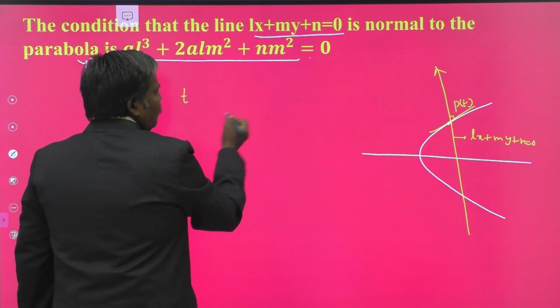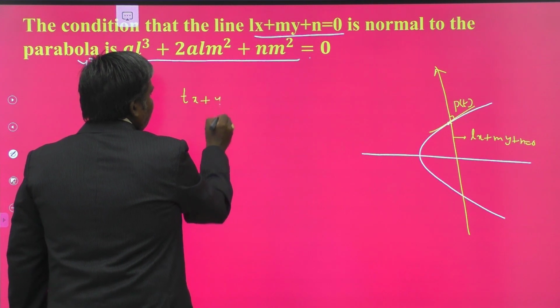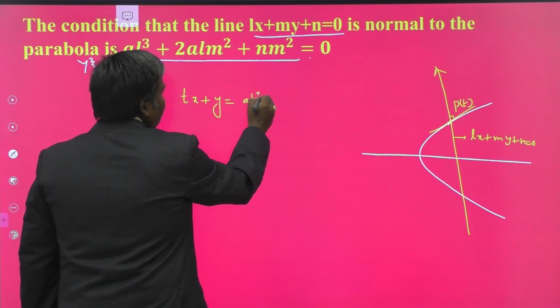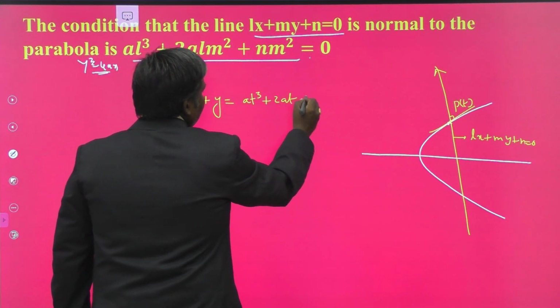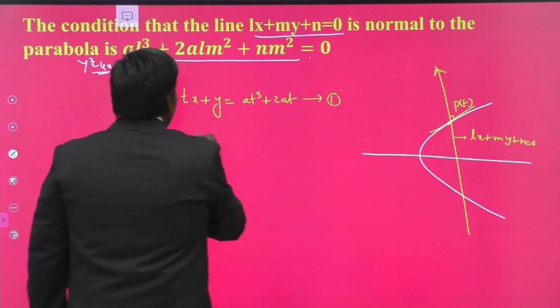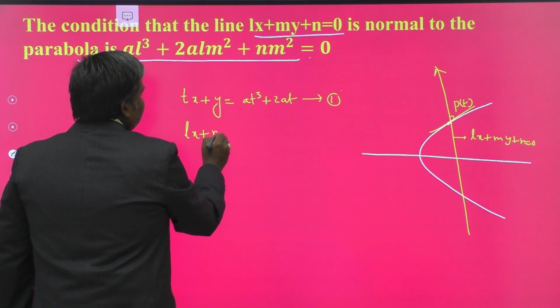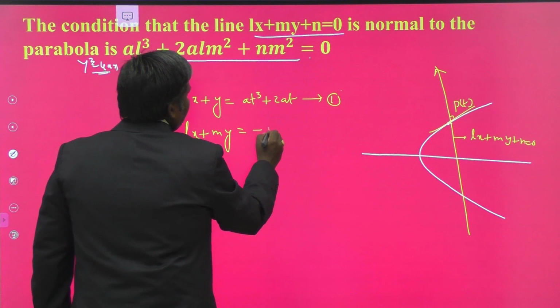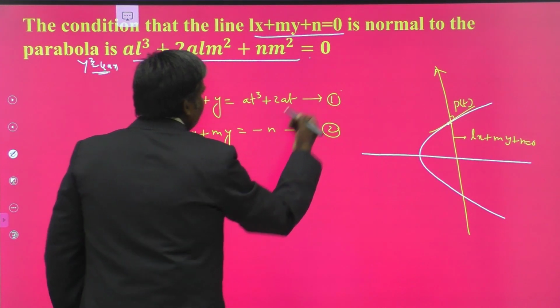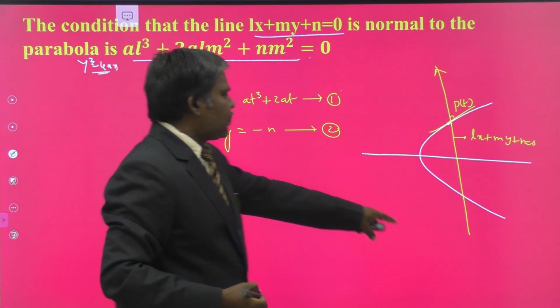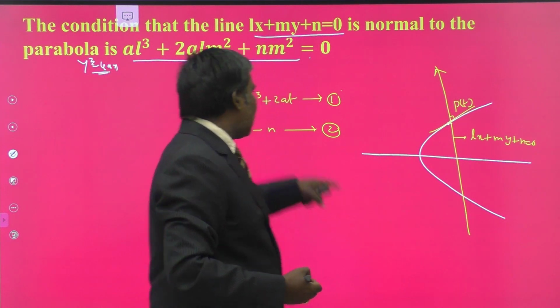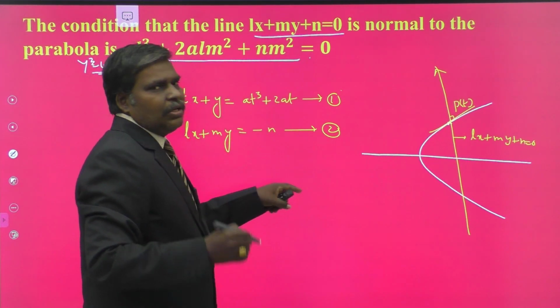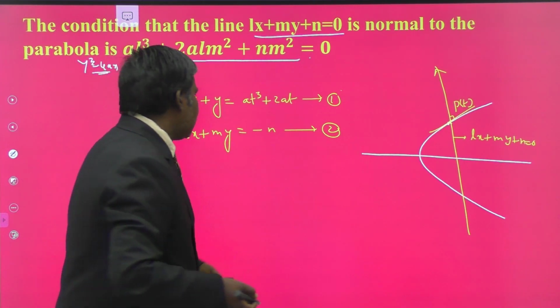So, the normal at that point is tx + y = at³ + 2at. This is equation number 1. And the given line is what? Lx + My = −N. This is equation number 2. Now, these two equations represent the same line. Comparing the like coefficients and eliminating t, we obtain the condition. That is the simple concept.